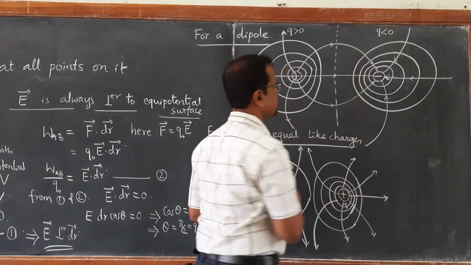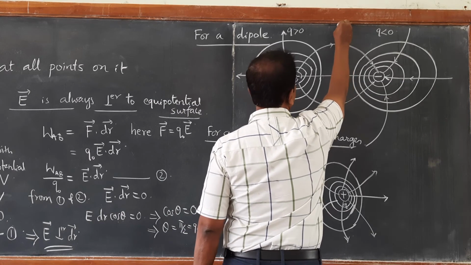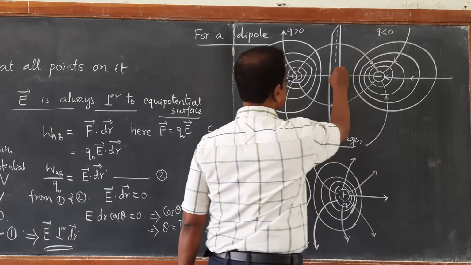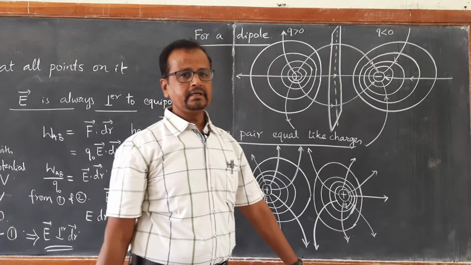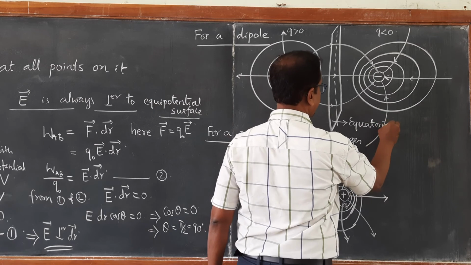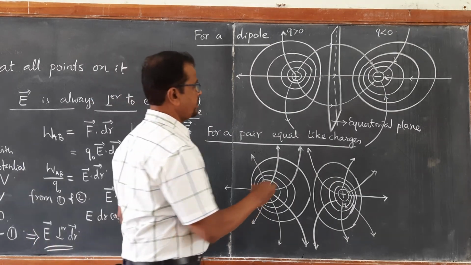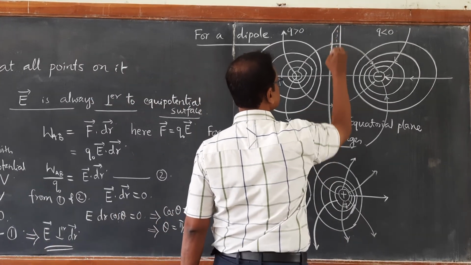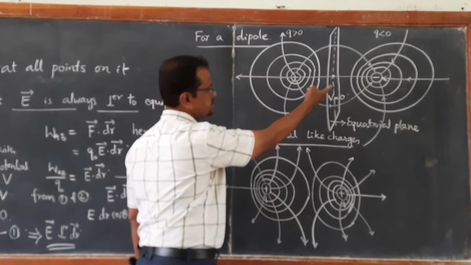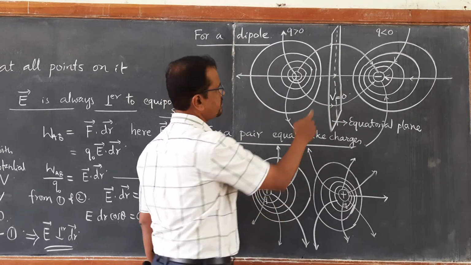We have studied for a dipole, if you draw a plane passing through the midpoint of the dipole, it is called the equatorial plane. This equatorial plane is also an example of an equipotential surface wherein we have found out that at every point on this the potential value V is 0. Potential due to the positive charge cancels with the potential due to the negative charge because of the equal distance of these points from the source charges.